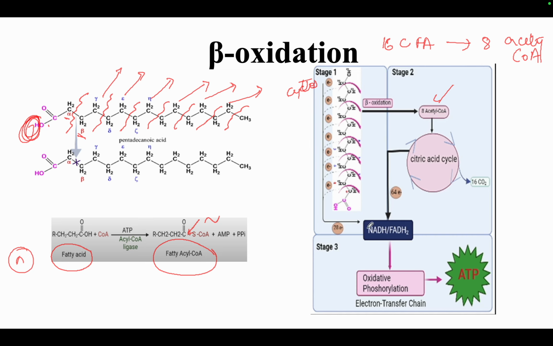From the Krebs cycle we will get reducing power, and also ATP. And stage 3 occurs in the mitochondria, where we have oxidative phosphorylation, the ETC, where all the reducing power will get converted into ATP.